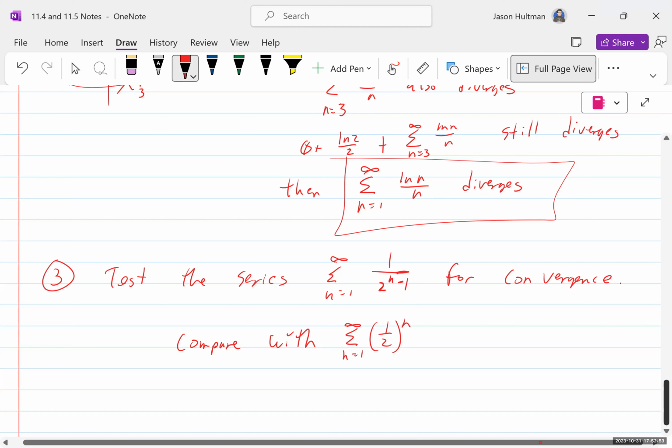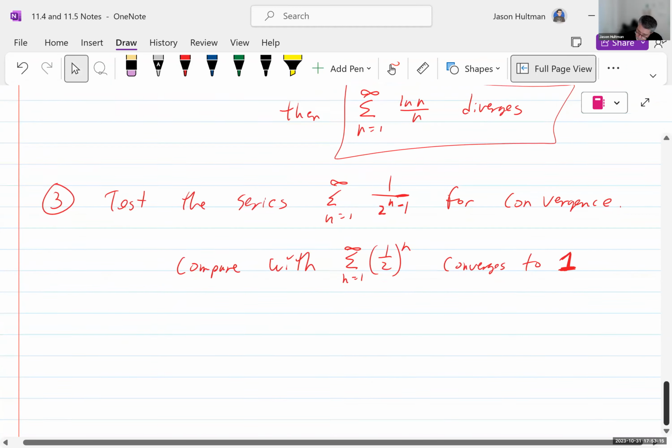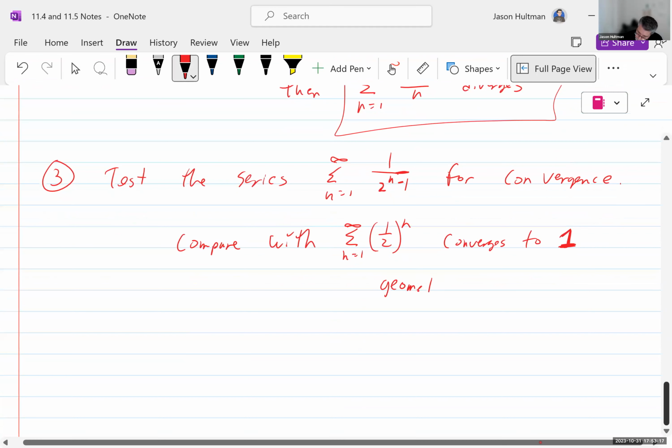Converge. Yeah, it converges. Why? I actually know what it converges to. This converges to 1. Why does it converge to 1? It is a what type of series? Geometric series. That's a geometric series with r equaling 1/2, which is less than 1.